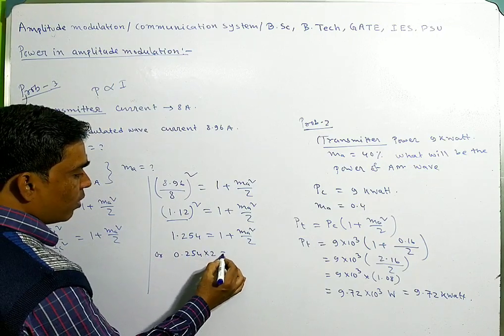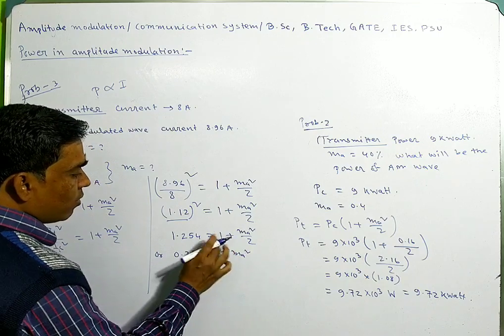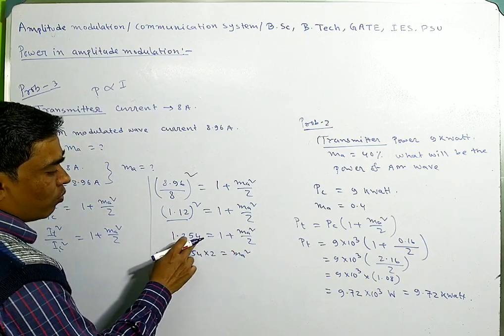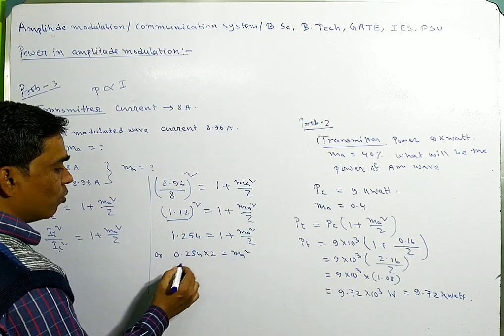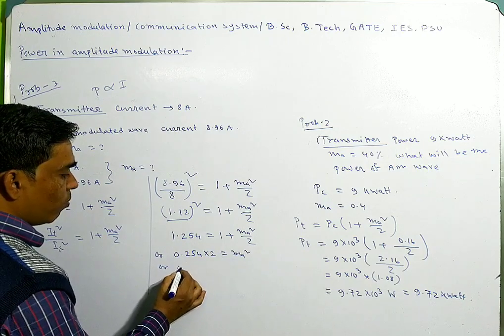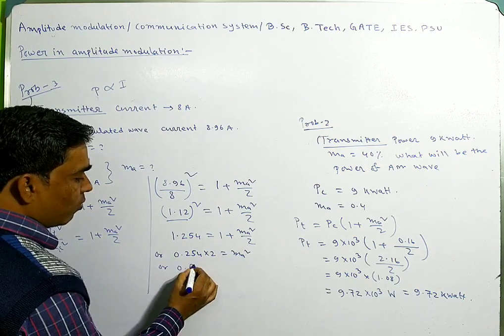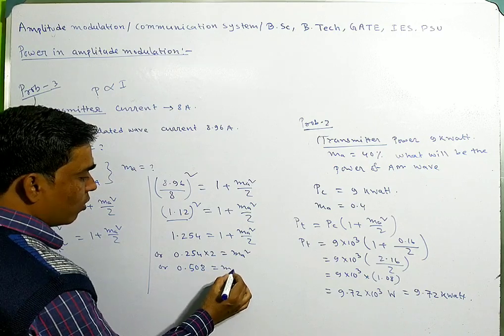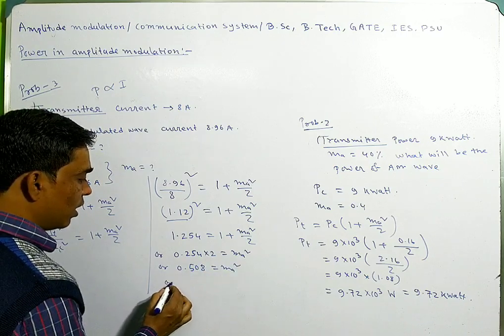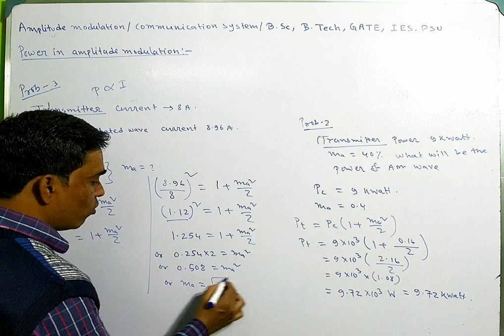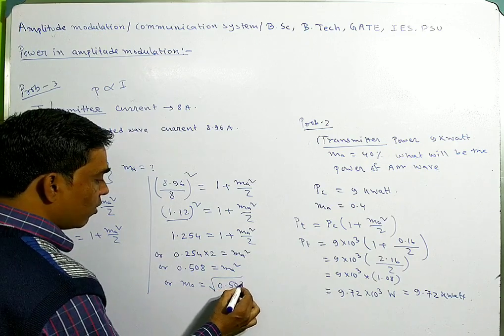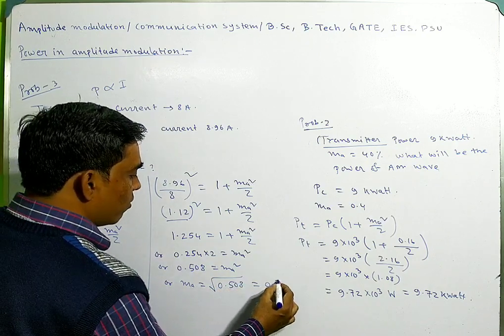So this can be written as 0.254 multiplied by 2 equals MA square. So here it will be 0.508 equals MA square, or MA is equals to root 0.508. So it will be 0.71.